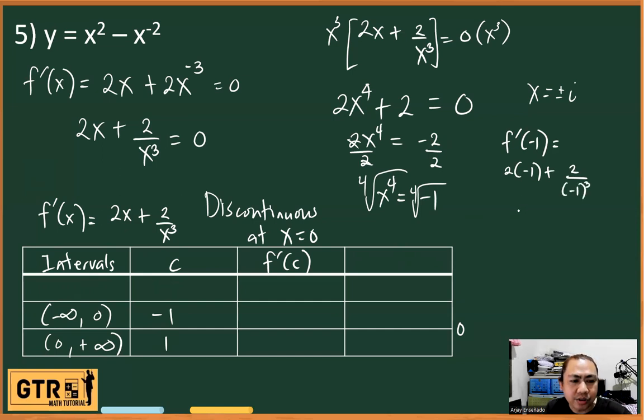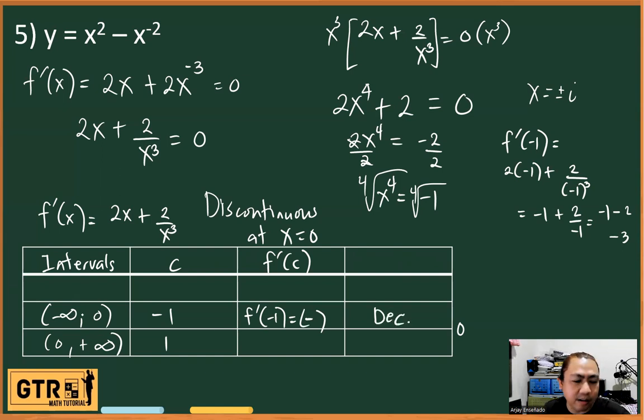So that is negative 1 minus 2, because 2 divided by negative 1 is negative 2. So therefore, we have negative 3. Okay, so f prime of negative 1 is negative. So therefore, decreasing.